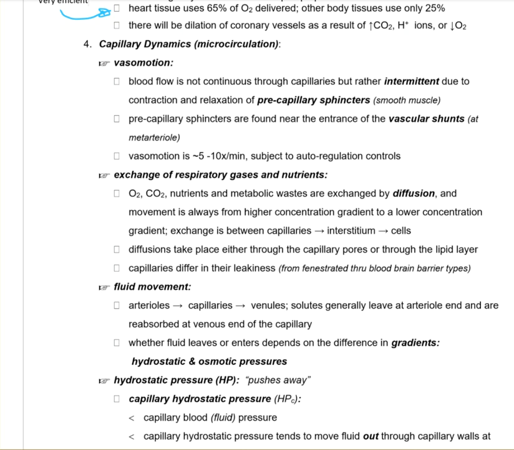So capillary dynamics means what's happening at the capillary level, what circulatory things are going in and out of the capillary, what fluid is leaving or coming in. So first off, capillaries undergo vasomotion, and vasomotion is that the blood flow is not continuous through the capillaries, but rather intermittent due to the contraction and relaxation of those precapillary sphincters.